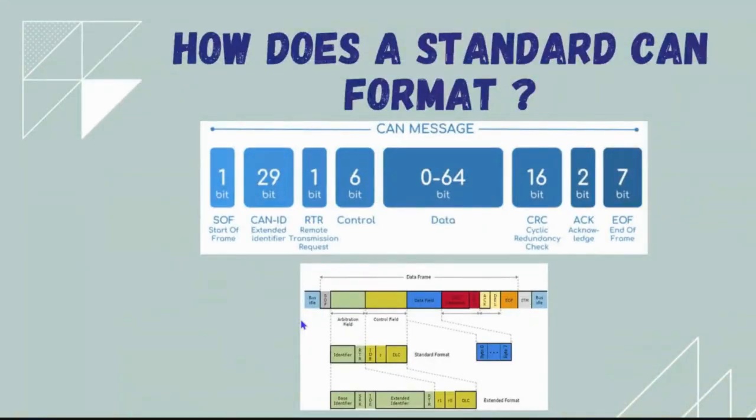And how is the CAN standard frame defined? Here we have SOF, the start of frame, and a 29-bit identifier, and 1 bit for the RTR. So this is the extended CAN frame, whereas the standard frame has the 11-bit identifier.